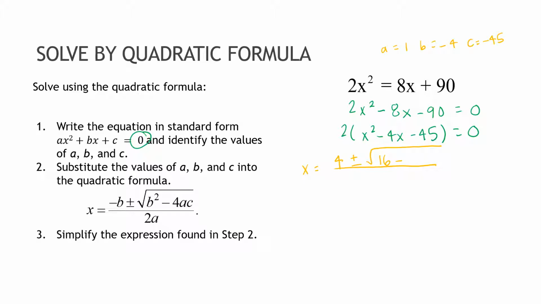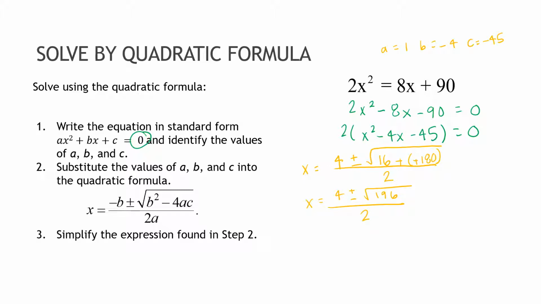So 4 times 1 is 4. 4 times negative 45 is negative 180. So I multiplied all of that, all over 2a, 2 times 1, which is 2. And I'm going to continue to simplify now. 4 plus or minus 16, I've got a minus and I got a negative, so I'm actually adding to get the square root of 196 divided by 2.